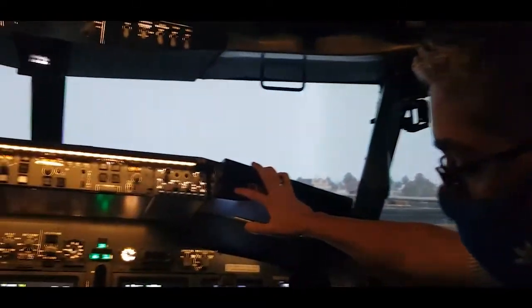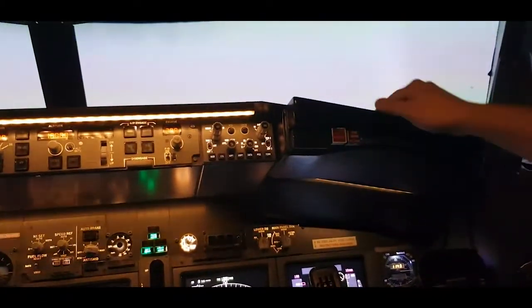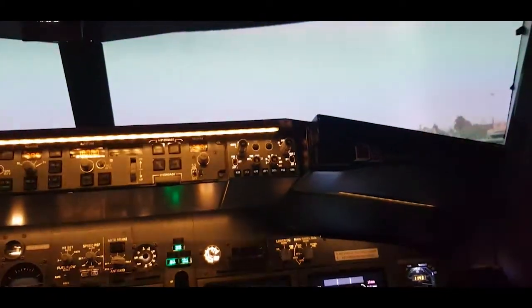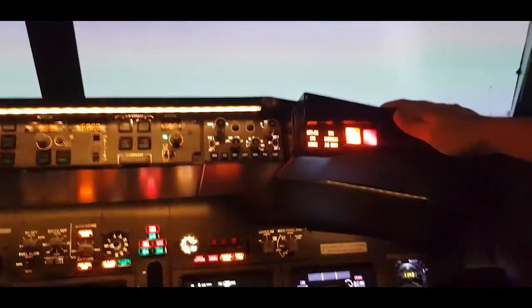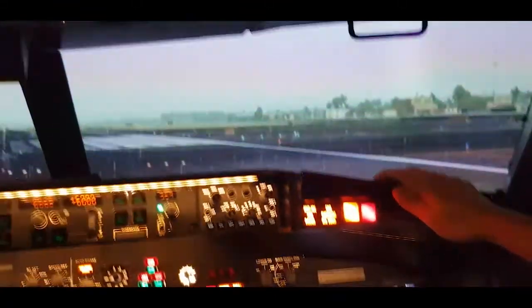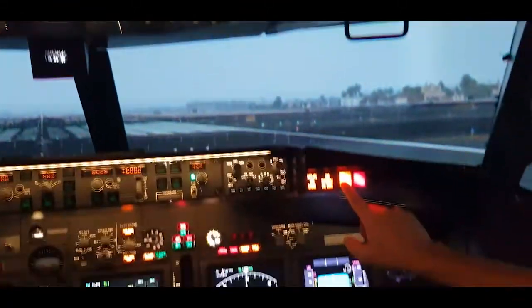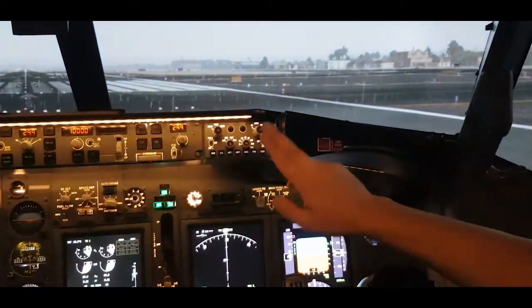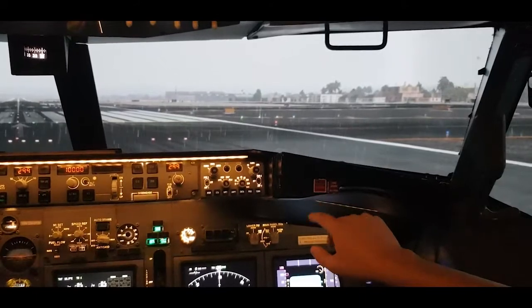During master caution recall here, if it comes on, it indicates a failure of either primary or standby pack control. Extinguishes when the master caution is reset. So if the light comes on and we press the master caution right there, the light should extinguish.